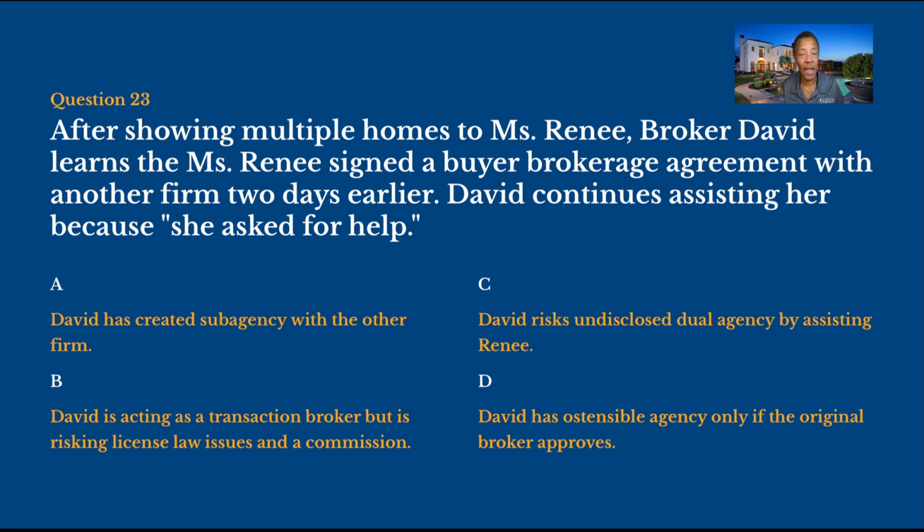B, David is acting as a transaction broker but is risking license law issues and a commission. C, David risked undisclosed dual agency by assisting Renee. D, David has ostensible agency only if the original broker approves.